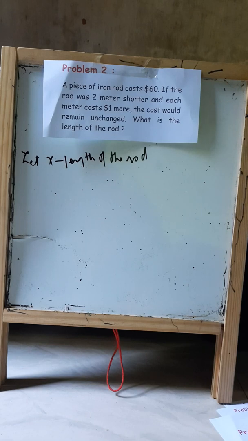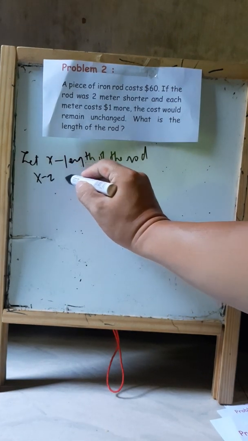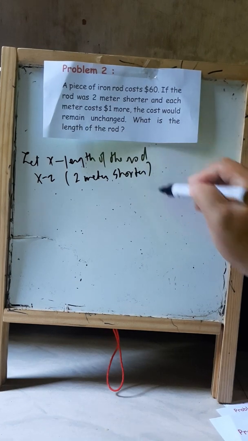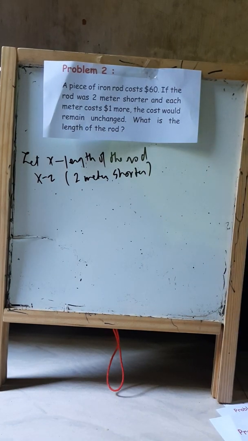Then the length of the rod 2 meters shorter is x minus 2.